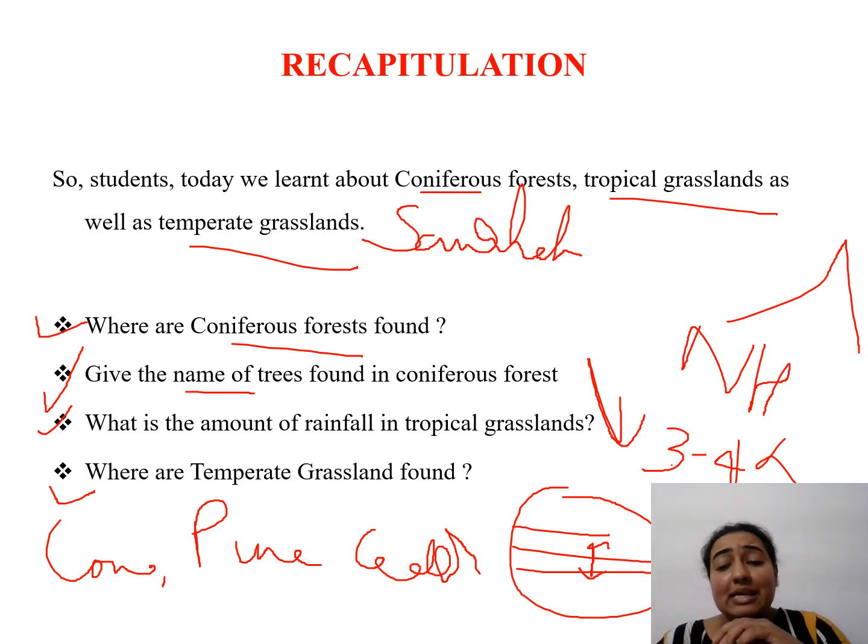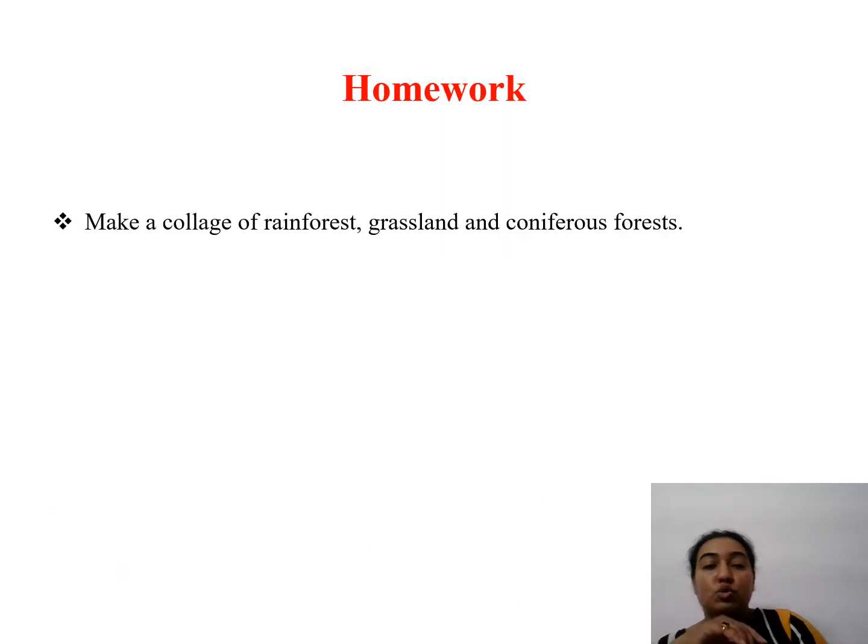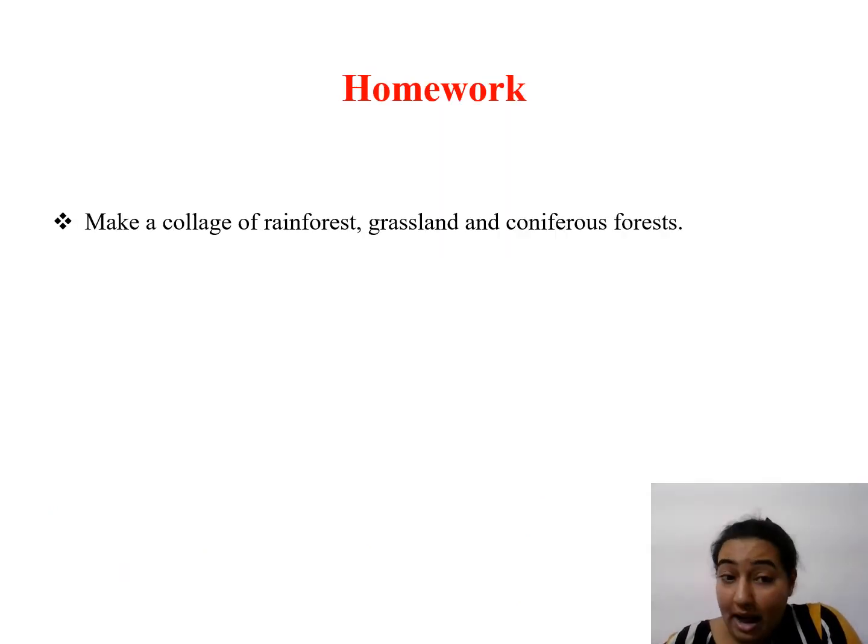I hope the concept of three different types of vegetation, coniferous forest, temperate forest and grasslands, tropical grasslands, savannas of Africa, all these are clear to all of you, and what animals are found over there. So there's homework for all of you students. You need to make a collage of rainforest, grassland and coniferous forest.